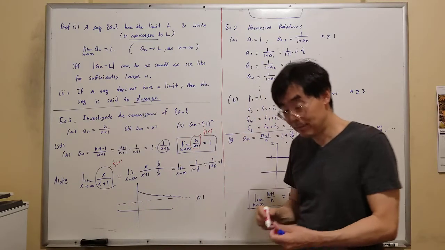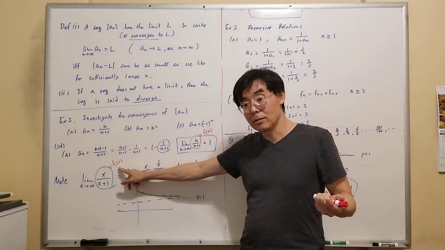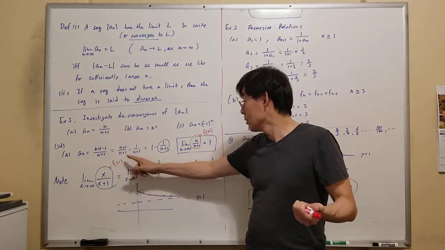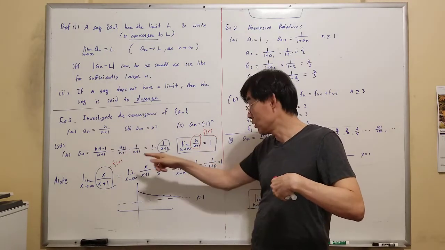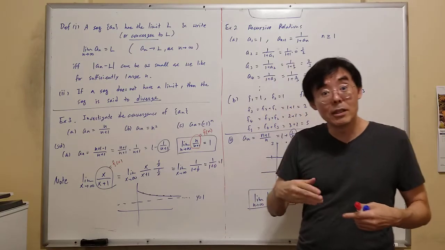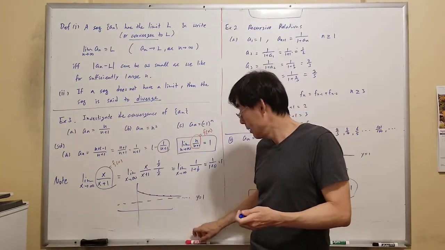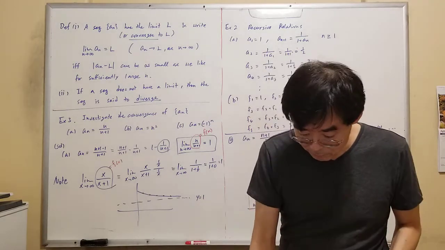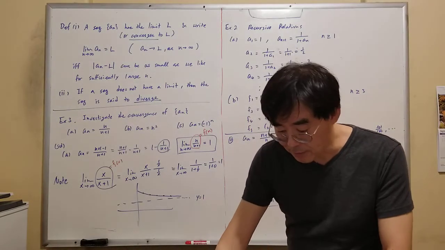I will call this the mother function. If the mother function approaches something, then the derived sequence from that mother function will converge to the same value. Make sense? It's obvious if you really think about it. So we have the following theorem.